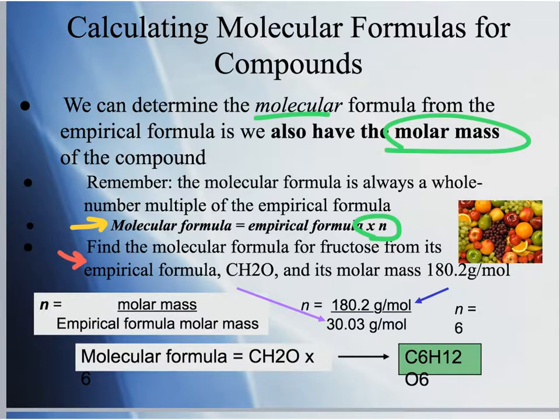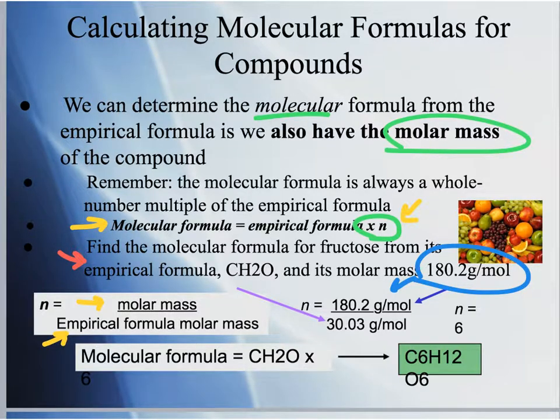In order to figure out that factor n, we're going to take the molar mass and divide it by the empirical formula molar mass, I should say. So here we're given the molar mass of fructose, which is 180.2, so we're going to put that on top.